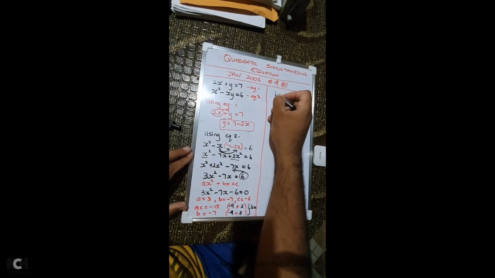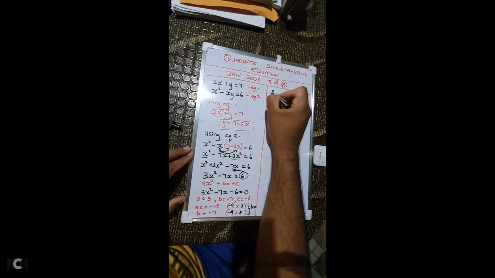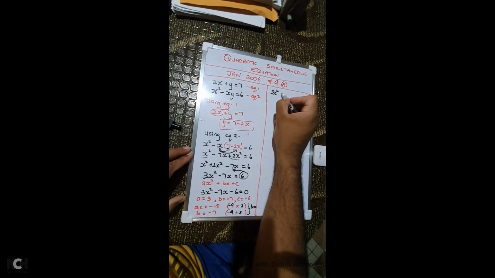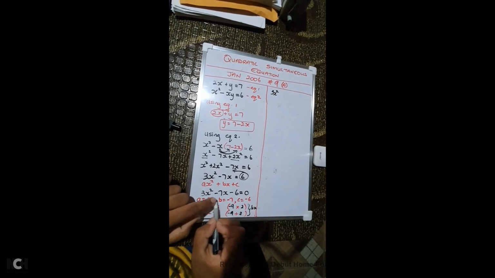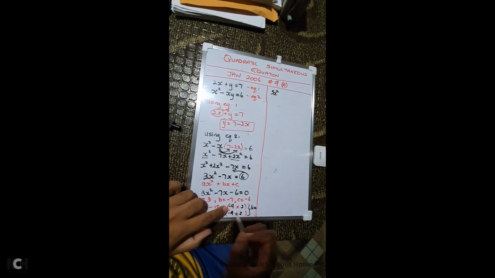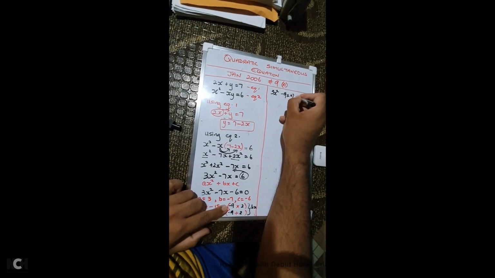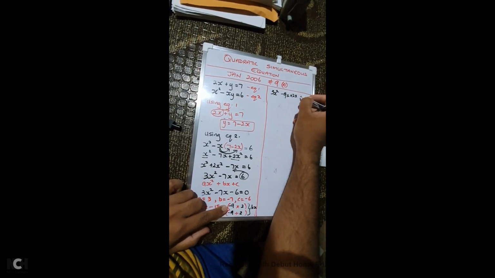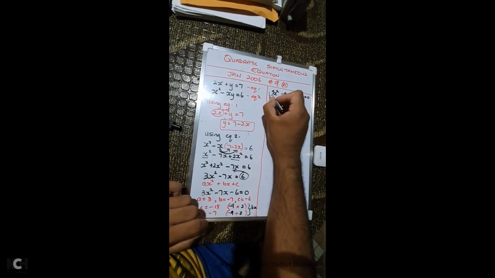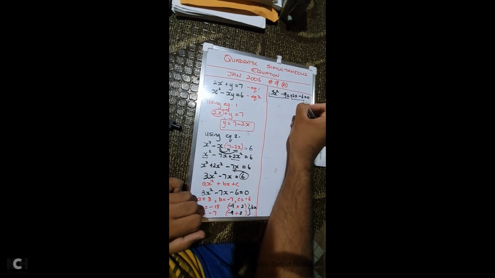So we are going to say 3x squared. Again, this is bx here, right? So now this is replacing bx: minus 9x plus 2x minus 6 is equal to 0. So now we can group and factorize.